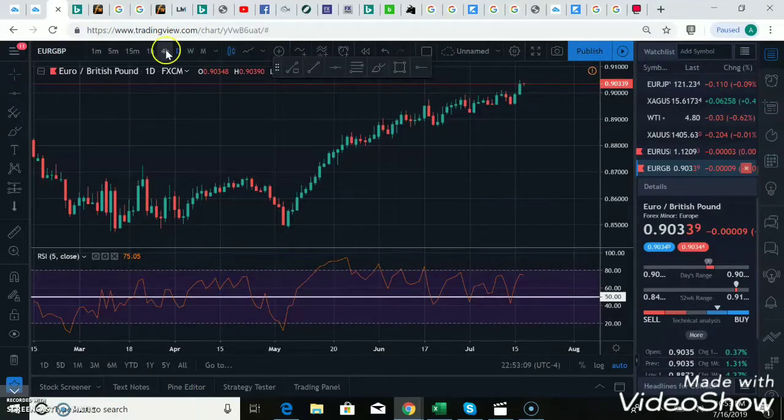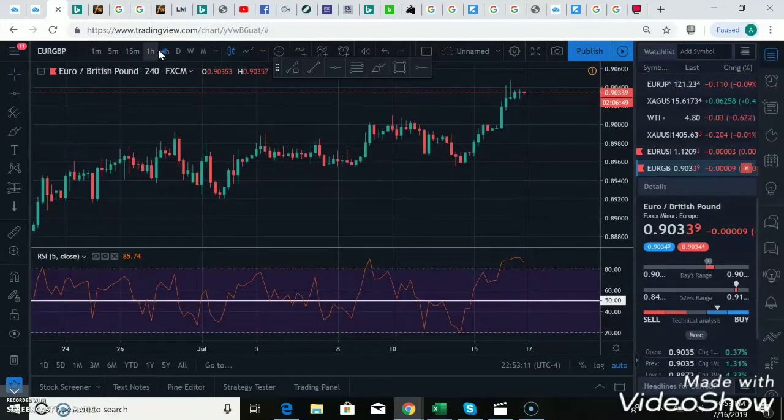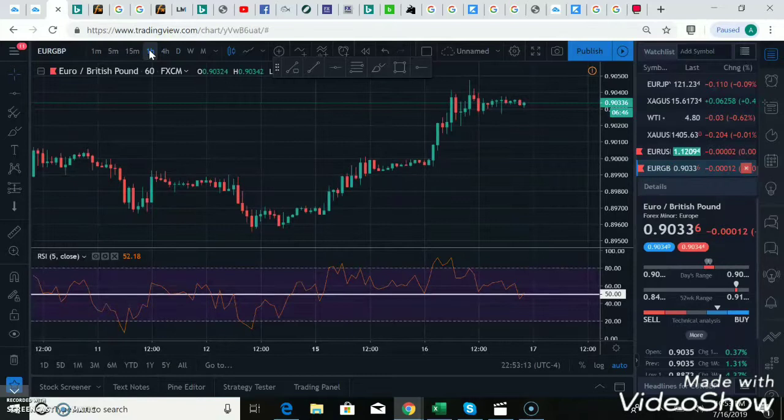Look at the daily, the 4-hour. So I would wait till this RSI hits 20 or below, and then I would look for a buy position because it's on an uptrend.